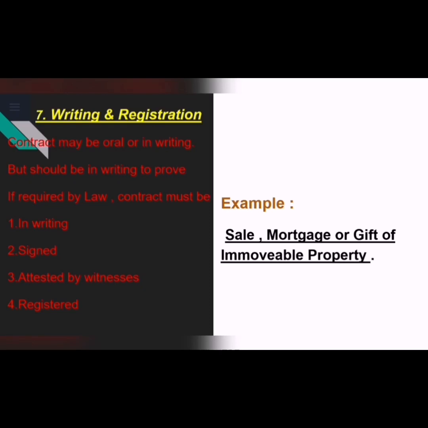I am just giving you the reminder, but should be in writing to prove if required by law. So contract must be in writing, signed, attested by witnesses and registered where it is necessary. I have given you the examples on the screen. Now you can see the agreements regarding sale, mortgage or gift of immovable property.